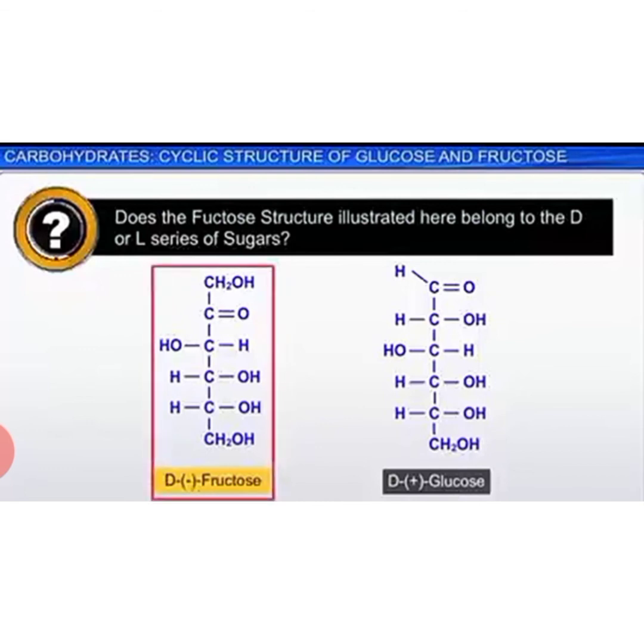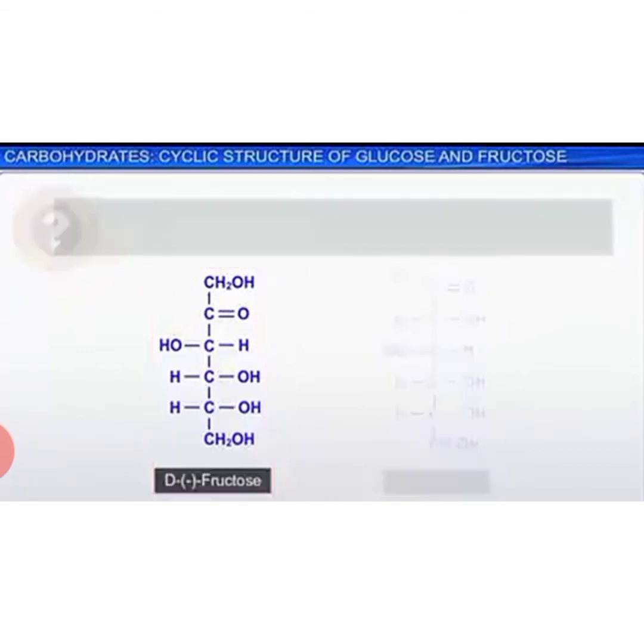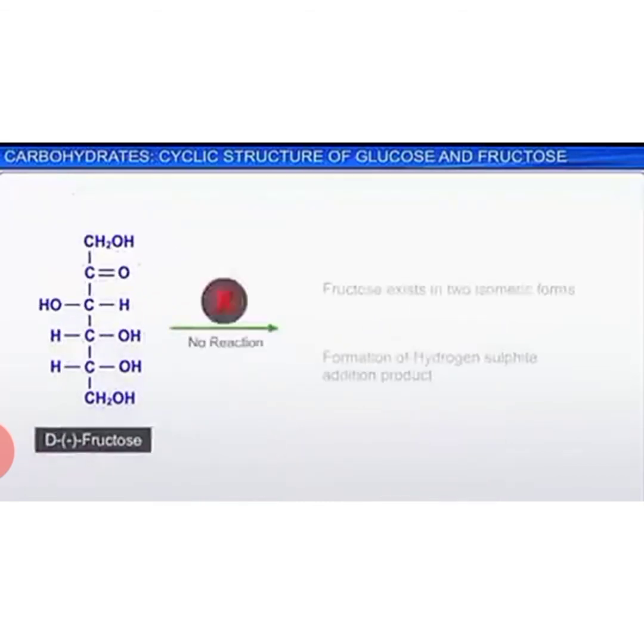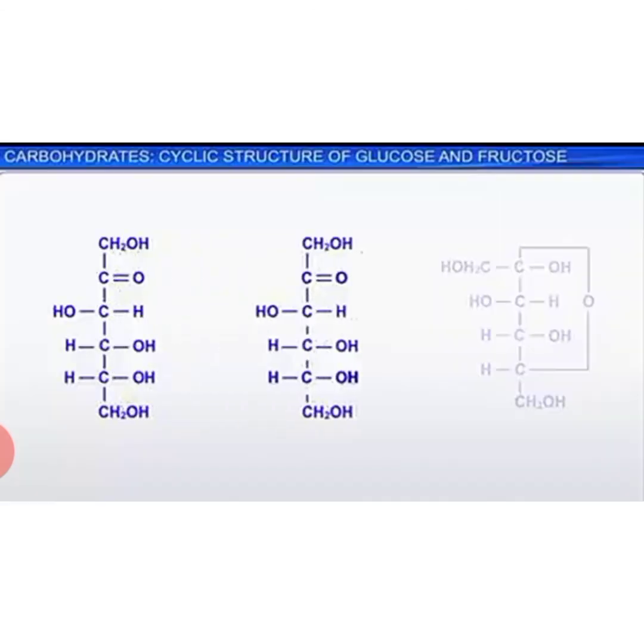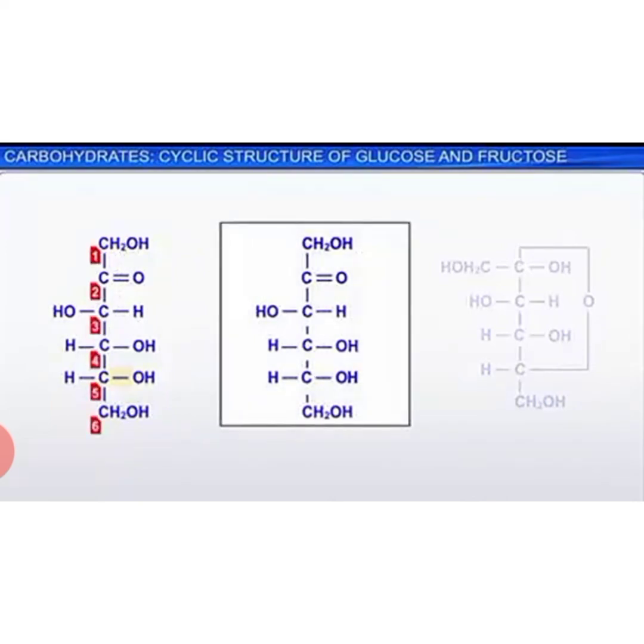As the open chain structure fails to explain certain facts, like its existence in 2 isomeric forms and the formation of hydrogen sulfide addition product, the ring structure was established. The cyclic structure is obtained when the hydroxyl group at C5 gets added to the carbonyl group at C2.